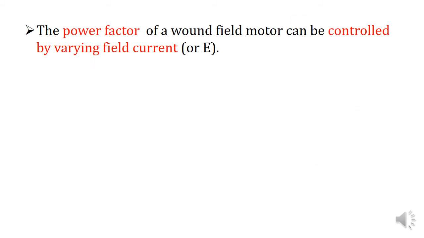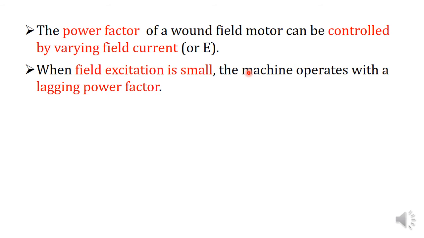Some other points to be noted are the power factor of a wound field motor can be controlled by varying the field current or E. That is an important feature of this motor. When the field excitation is small, the machine operates with a lagging power factor.